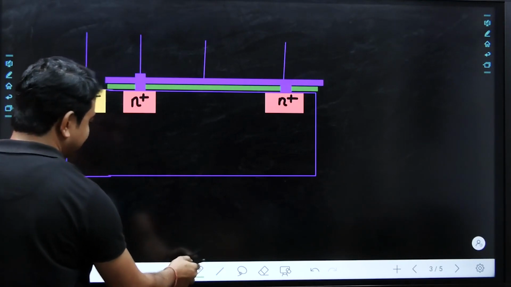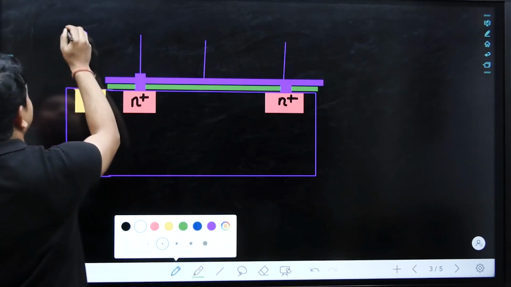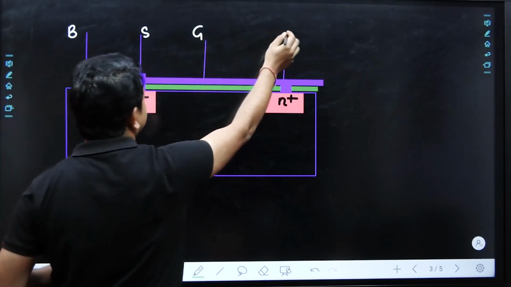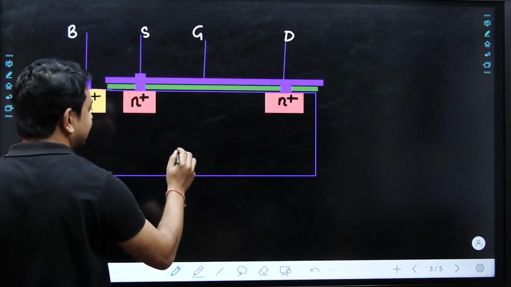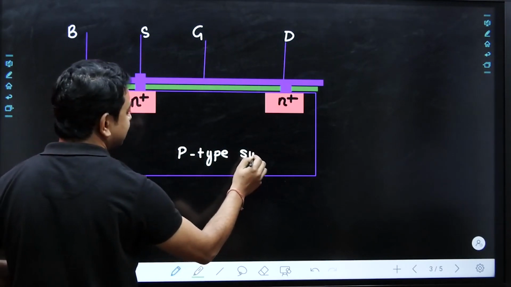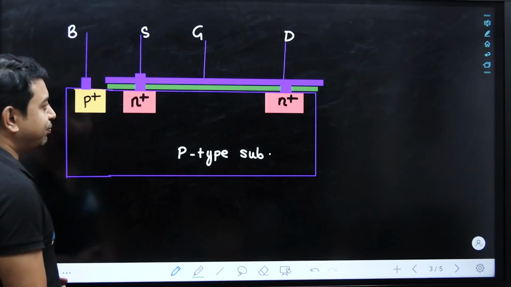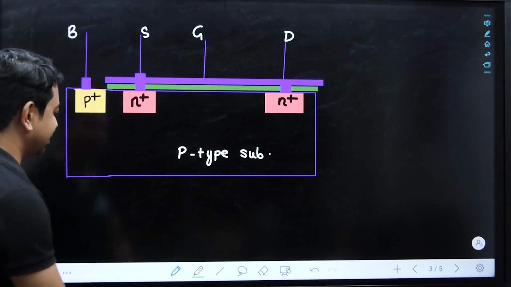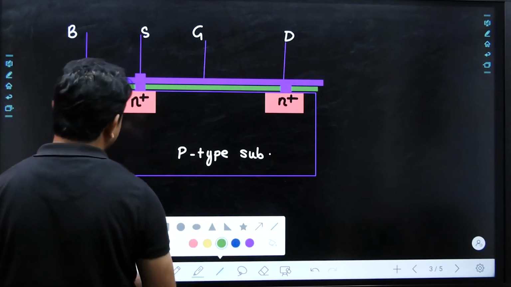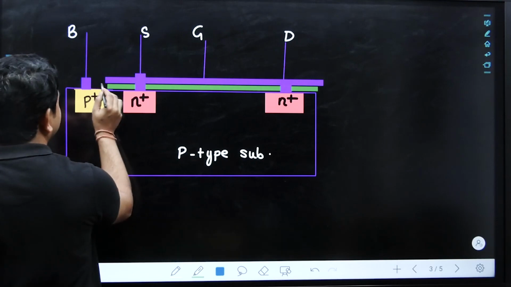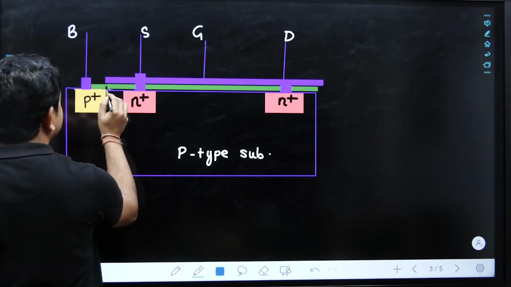So overall, we are having 4 terminals. The first terminal is the body terminal, then the source terminal, then the gate terminal, then the drain terminal. This is a P-type semiconductor which is acting as a substrate. So every contact has been taken from the top of this particular semiconductor. We can extend this region of silicon dioxide until here like this.